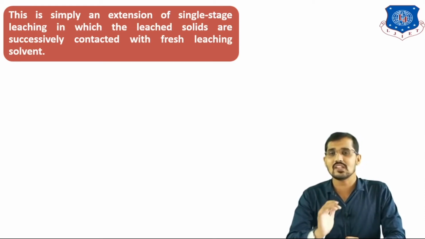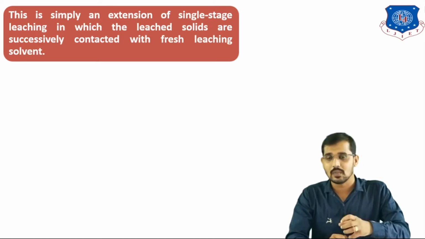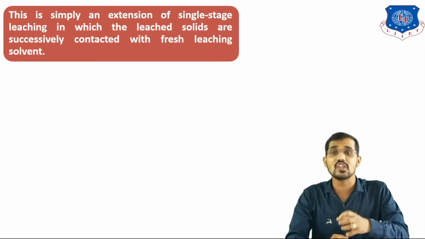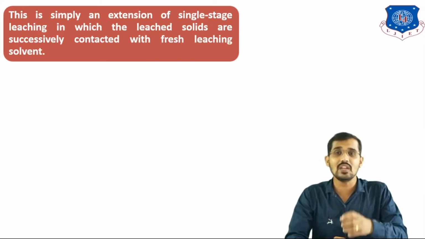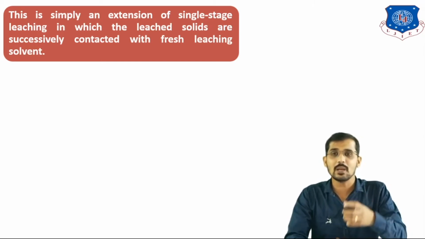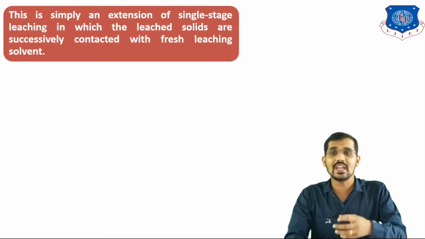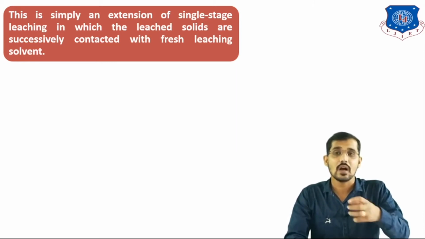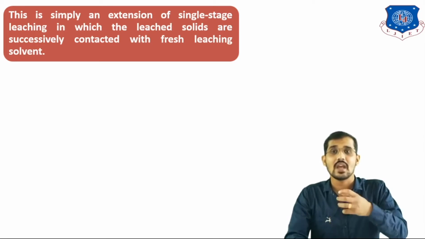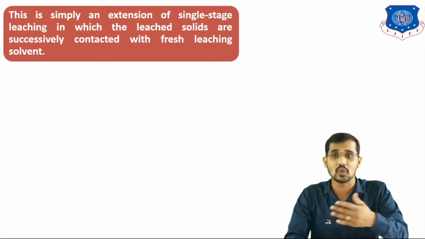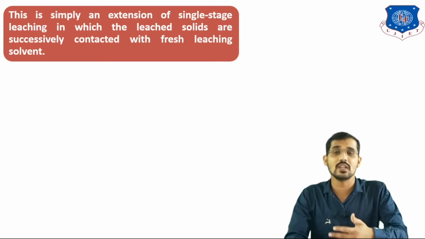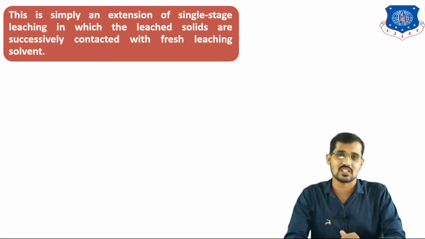In multistage leaching, the underflow stream, one of the outlet streams from the leaching process, acts as feed for the next stage. The underflow stream from the first stage acts as the feed for the second stage, the underflow stream from the second stage acts as the feed for the third stage. And we are using fresh solvent to increase the efficiency of the leaching process in all the stages.